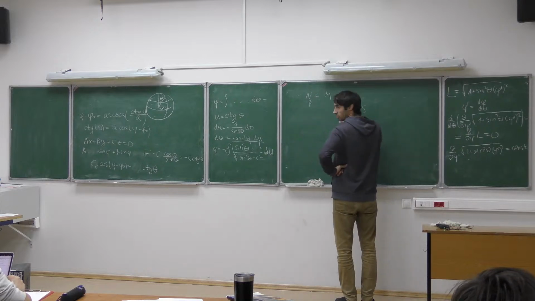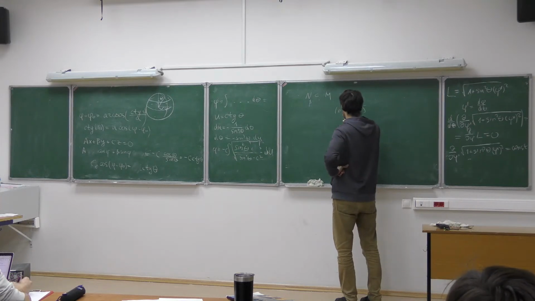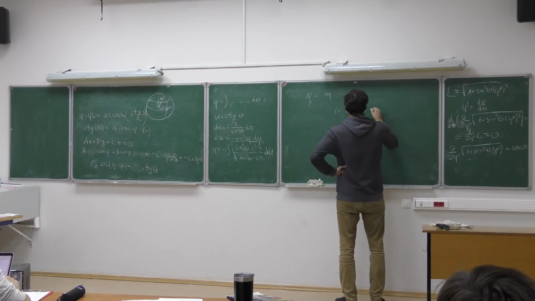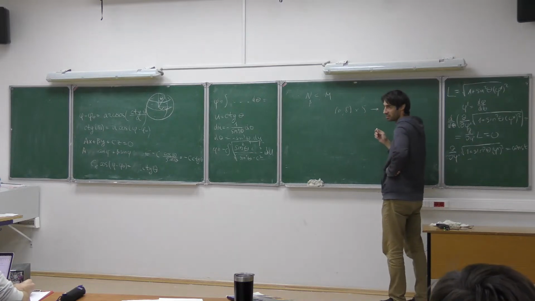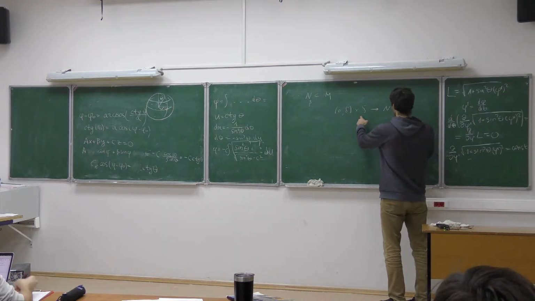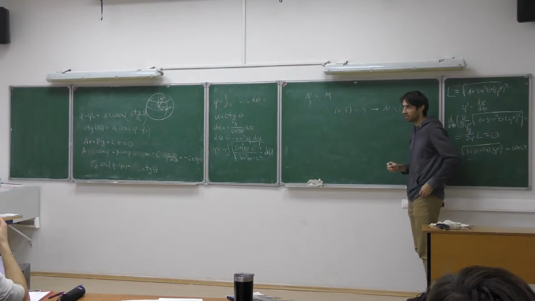This is the unit sphere, or whatever, just a sphere. This is an interval, an open interval. So suppose N is such that you found spherical coordinates, so to say, on N, but I would like to delete the point P.